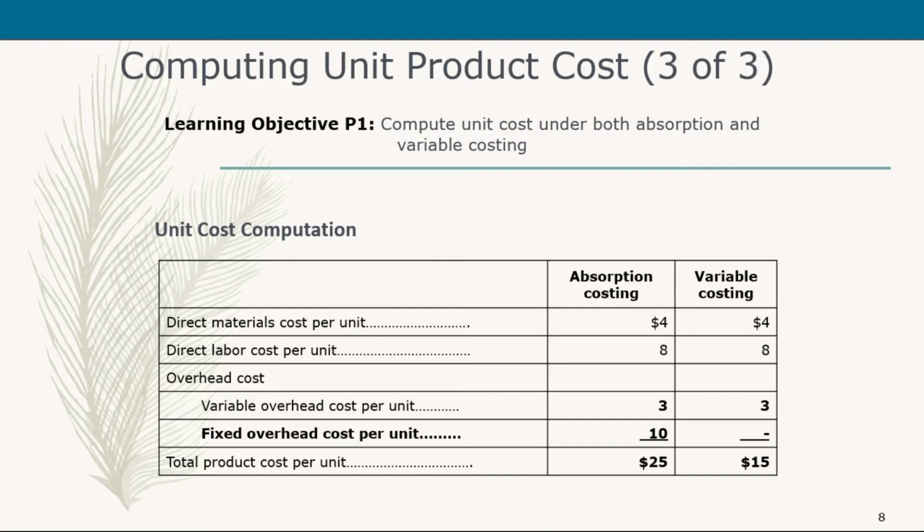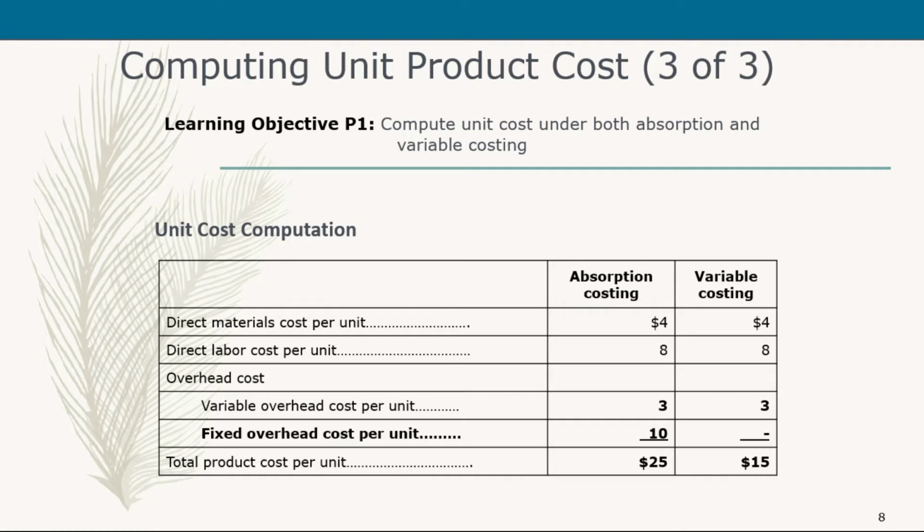So in summary, we have here the breakdown of your unit cost. Under absorption costing, please do remember that all the elements are part of your product cost. What are these elements? We have your direct material, your direct labor, and the breakdown of your overhead costs pertaining to variable overhead cost and fixed overhead cost.